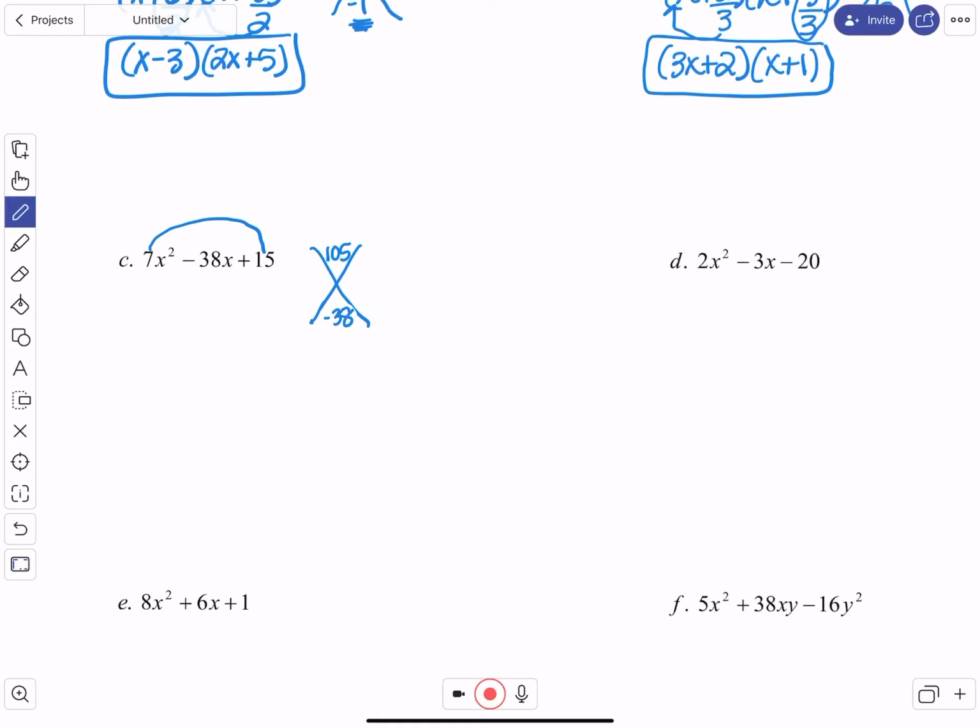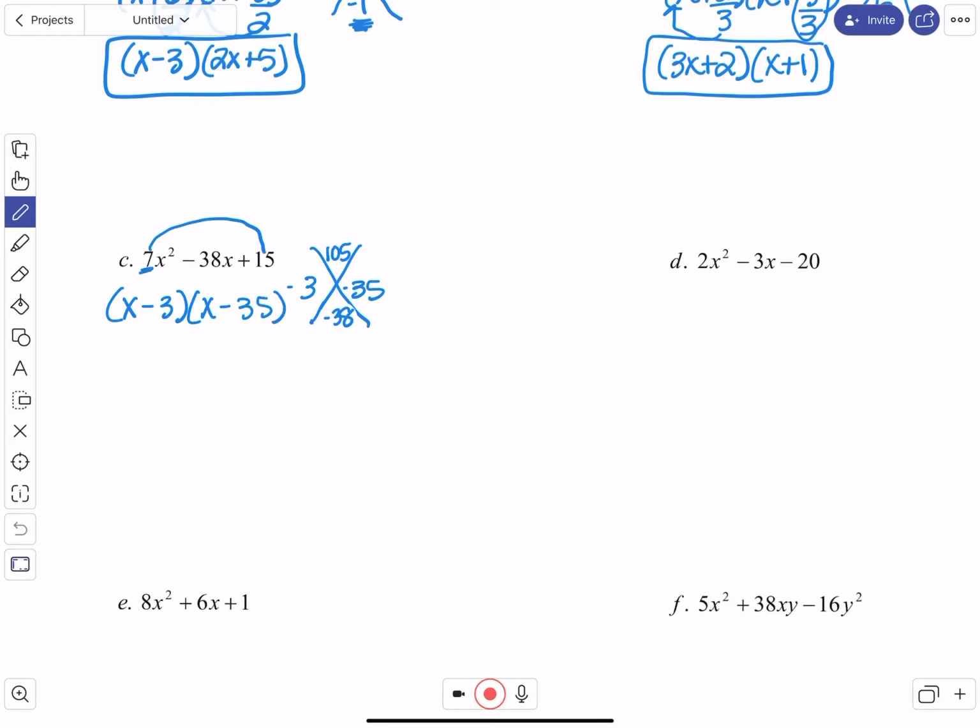We know they have to be two negative numbers, because if our top number is positive, they have to have the same sign. So we have to think of two numbers that multiply to be 105 and add up to be negative 38. That's going to be 3 and 35, both negatives. So x minus 3, x minus 35.